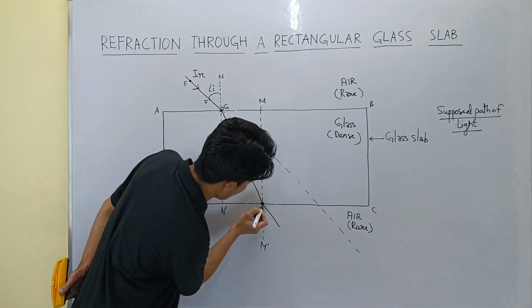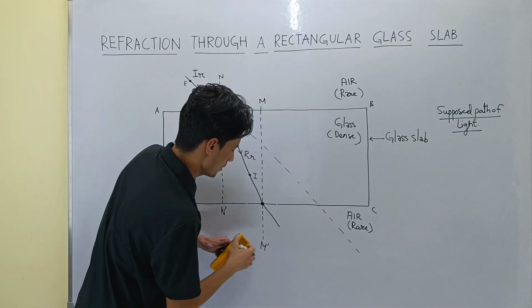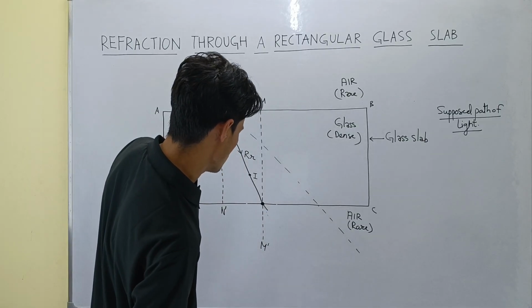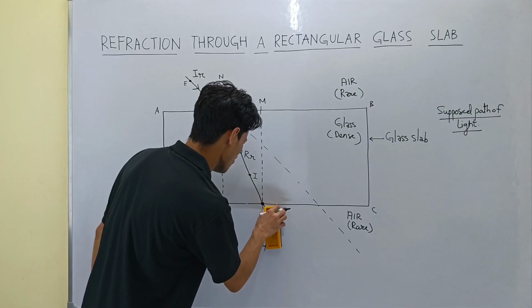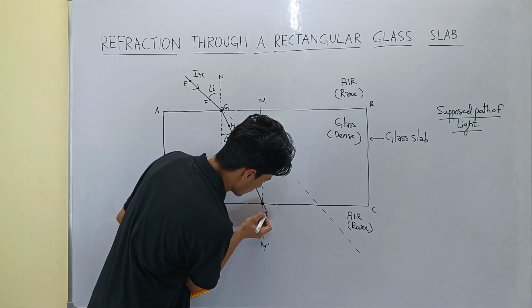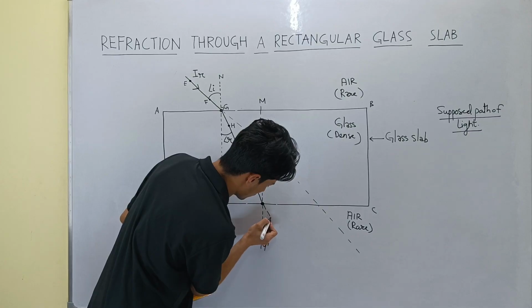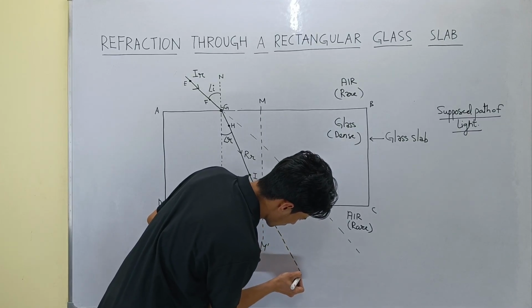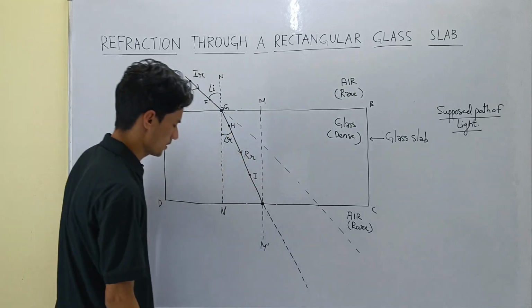Yes, I have to make sure that this is parallel again. But in my case, yes, it's very close to it. So now I have to make sure that the emergent ray travels parallel to this one. Okay, so I have to watch this one. Okay, like this.